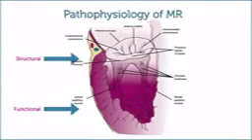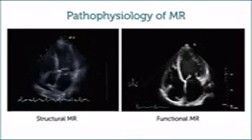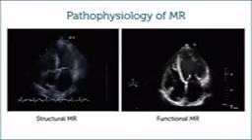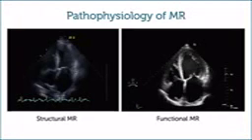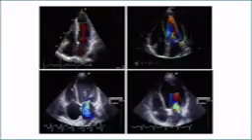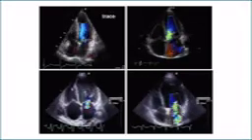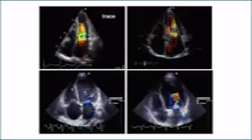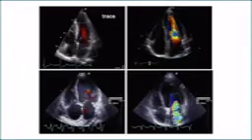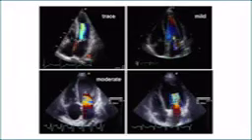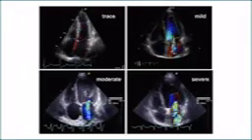In structural MR, you have some morphologic abnormality of the valve, while in functional MR, the valve is structurally normal, but something has happened, let's say a dilated ventricle or some other problem that causes leaking of the valve. So putting all this together, what do we have? Well, we have trace MR here. We have probably mild MR here, moderate, and finally severe MR.